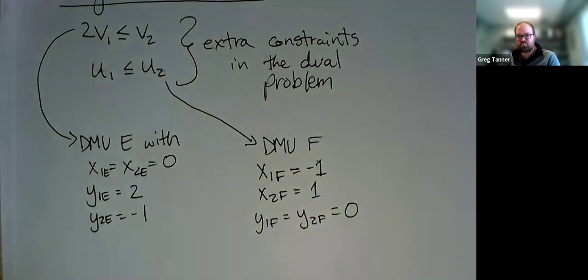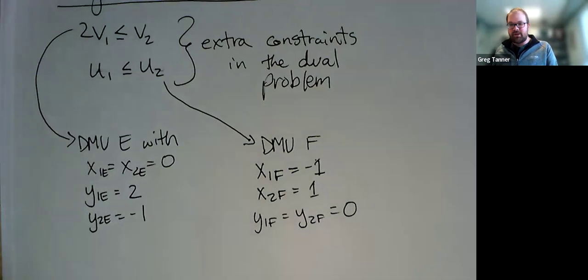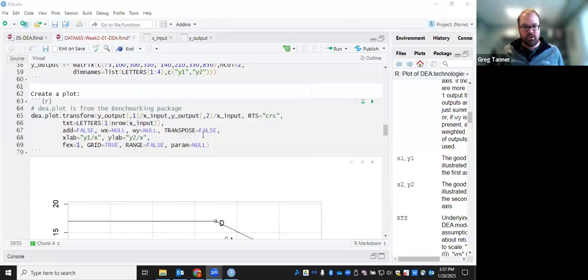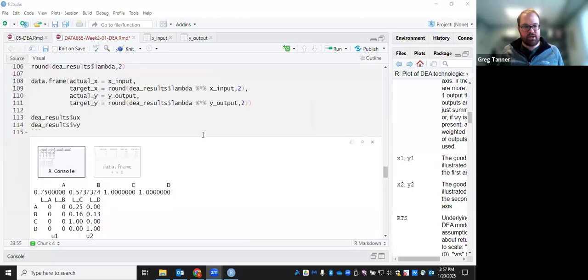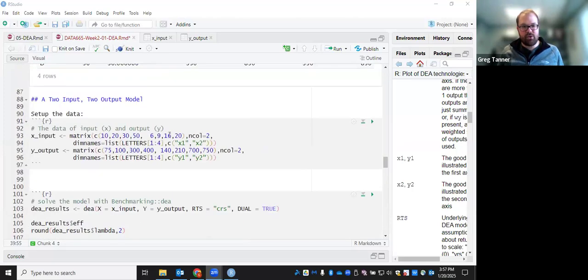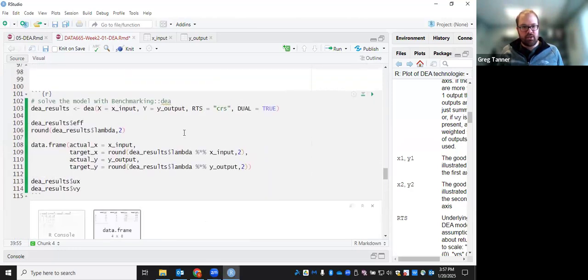Let's go ahead and look at this in R and see what happens when we add these weight restrictions. I'll also give you a rule of thumb to follow for these weight restrictions. Let me switch to share screen. I've got this down towards the bottom. This is going to be the same 2 input, 2 output model, so I'll run that just to make sure.